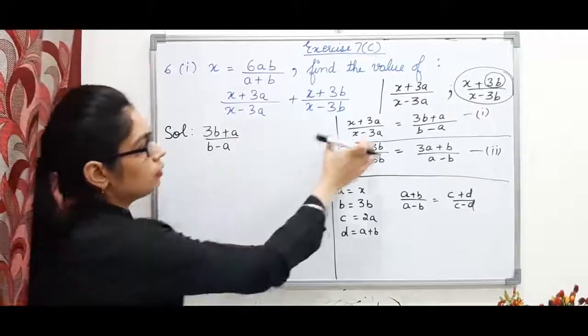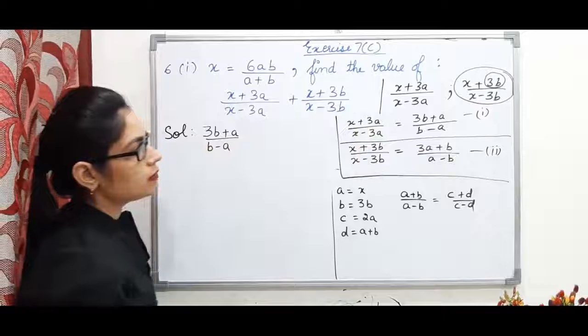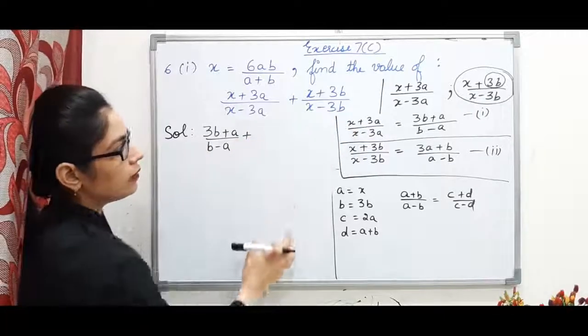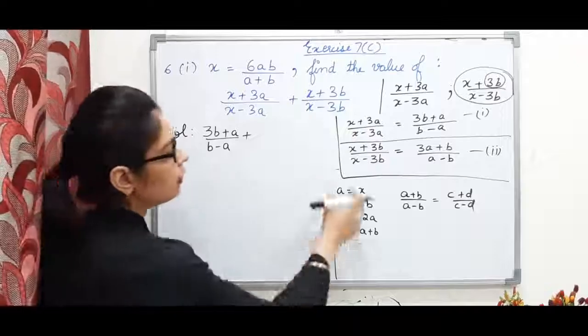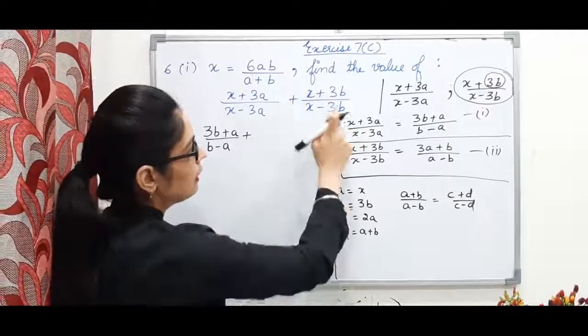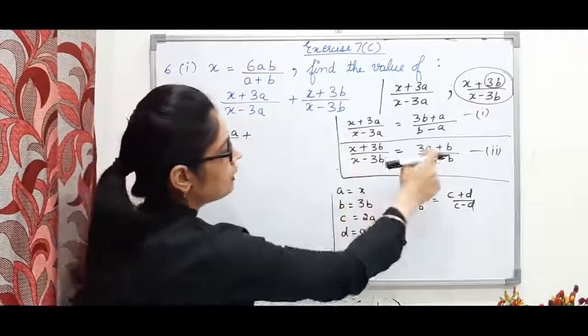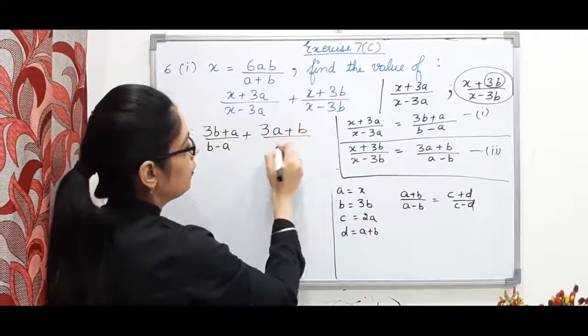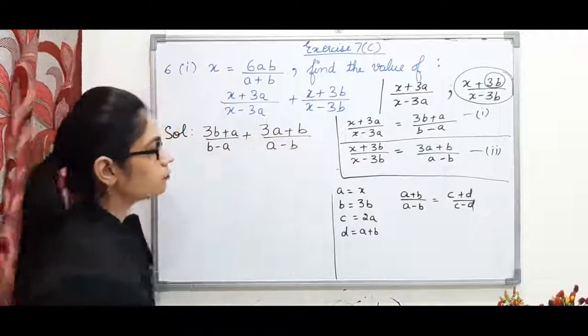Just substitution, plus as it is. Now in place of this I will write its calculated value: x plus 3b upon x minus 3b is equal to 3a plus b upon a minus b.